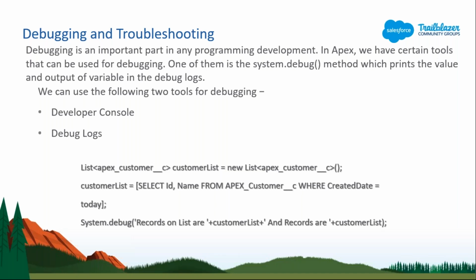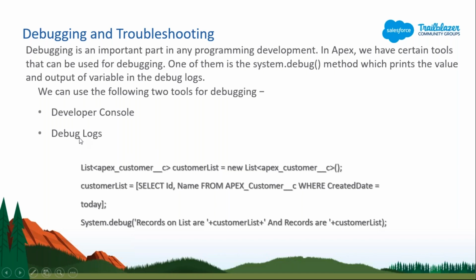There are two tools which we can use to debug our transaction or action, and we can see our debug log or troubleshooting log over here. We can see the debug log in the developer console, and we can also create a debug log inside our Salesforce database and see it there as well.